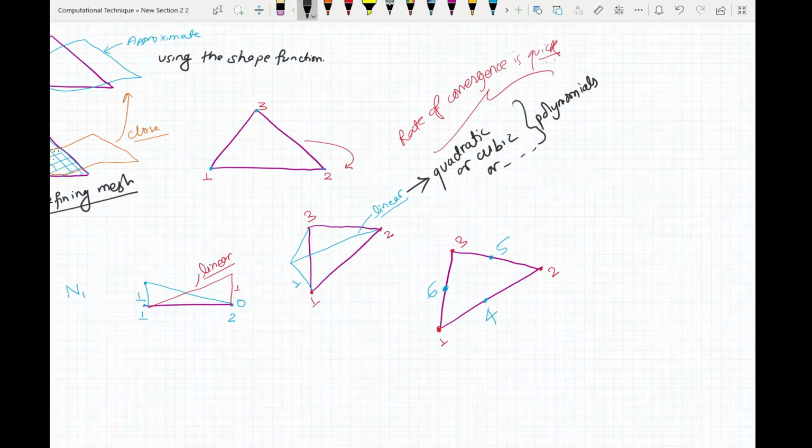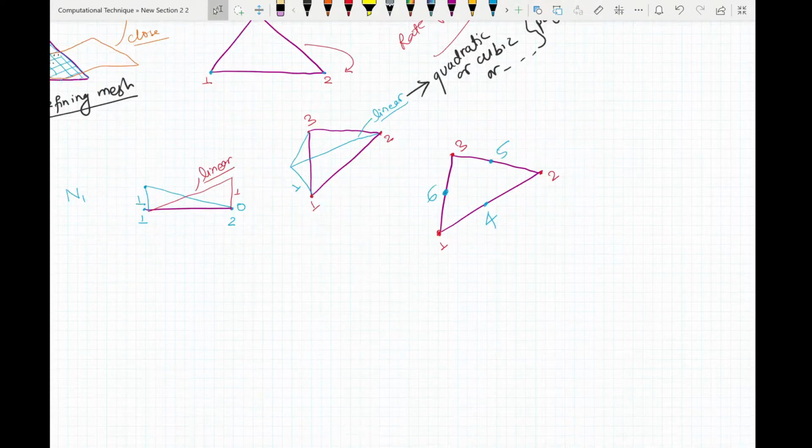When you plot the shape function for n1 using the definition of the shape function, at node 1 your value should be 1, but at all the other nodes your value should be 0. When you plot it, your shape function may look something like this. See, it is 0 here, it is 0 here.